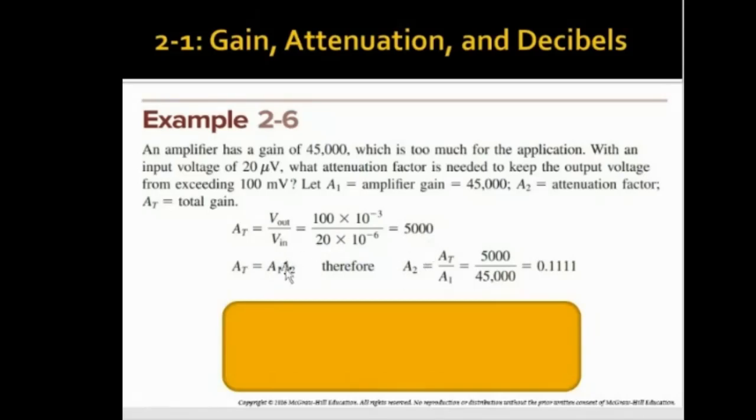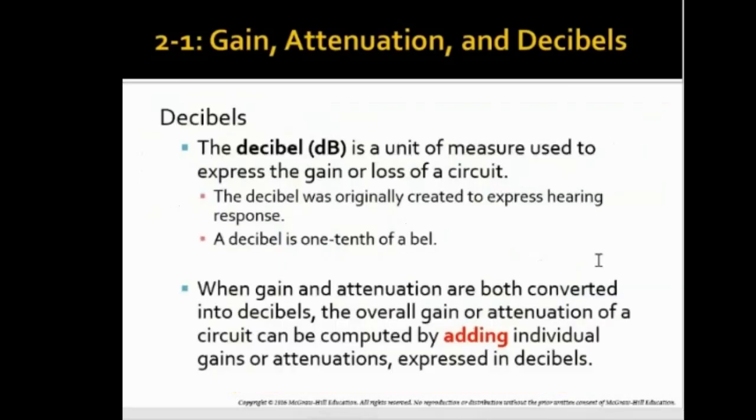We solve for A2, which is total gain divided by A1. So 5,000 divided by 45,000, we need an attenuation of 0.11.